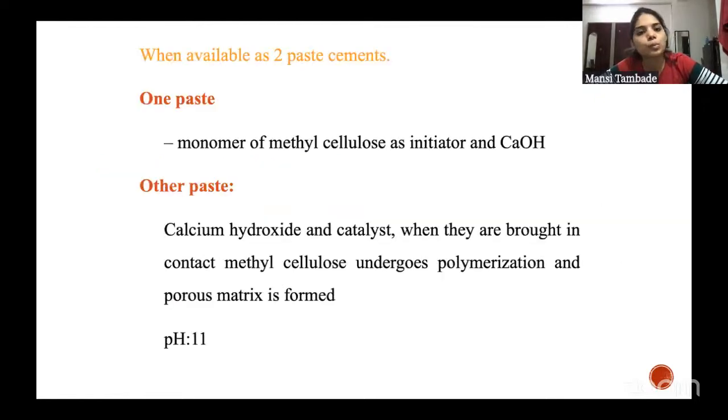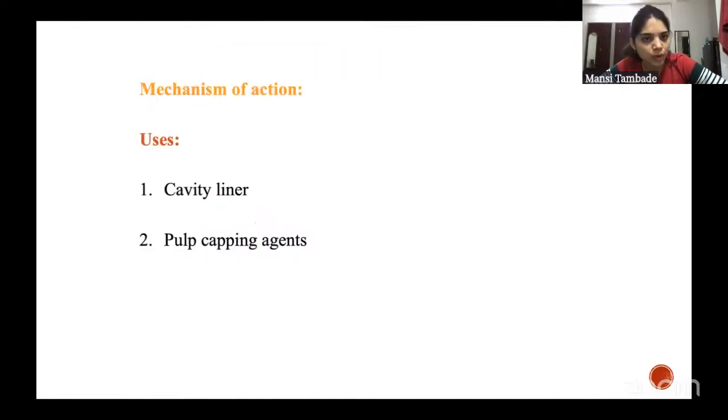When available as a two-paste cement, one of the pastes is monomer, methyl salicylate as initiator, and calcium hydroxide. The other paste is calcium hydroxide and catalyst. When these two are brought together, polymerization takes place and the matrix is formed. The pH is about 11 to 12.